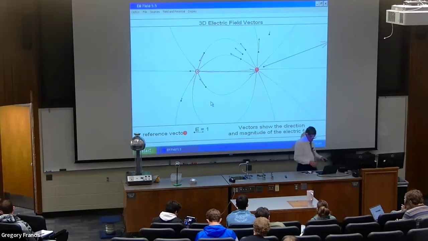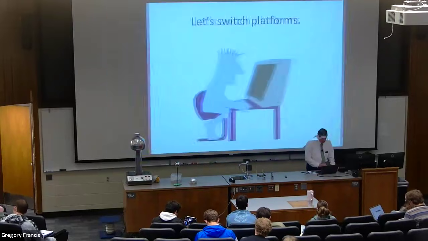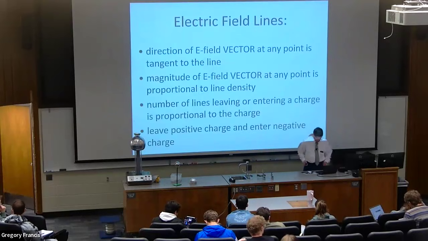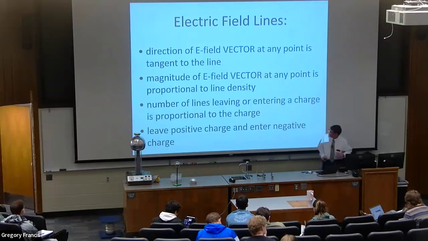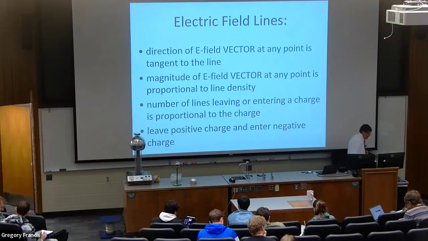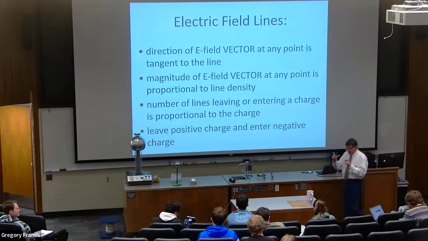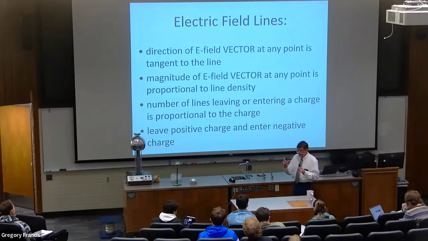Now, if I go back, this is a summary. The electric field vector is a straight line with an arrowhead at the end.